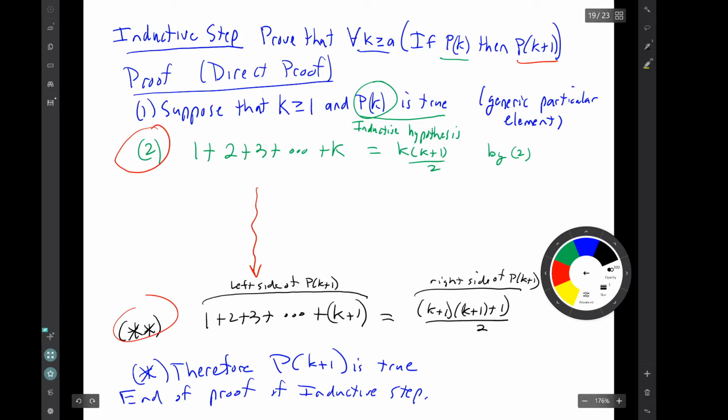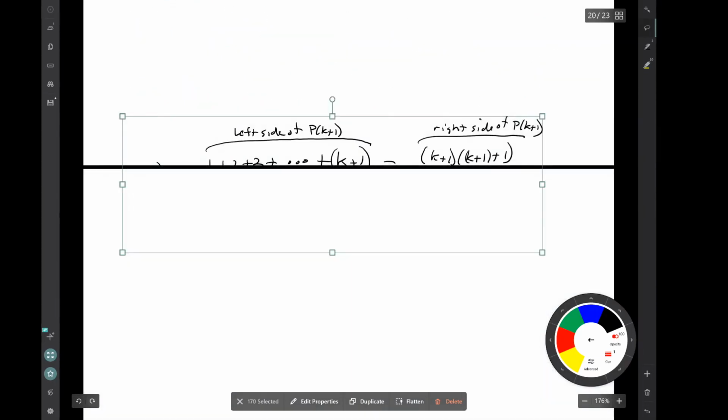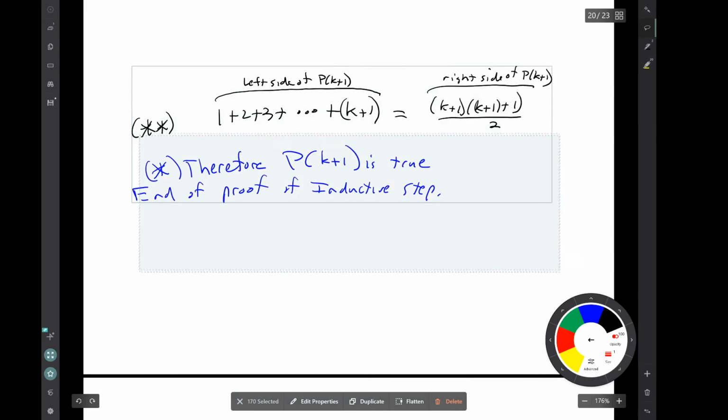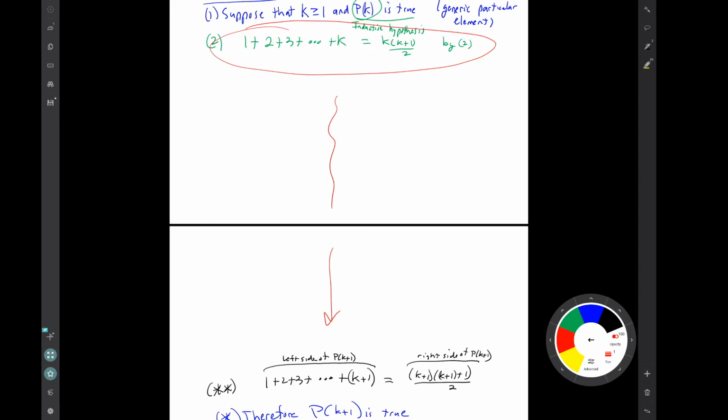So I'm going to make some space by moving what we've written down onto the next page. So there's the gap that we have to fill. We have to get from this line, which is the inductive hypothesis, down to this line, which is the statement that p(k+1) is true.